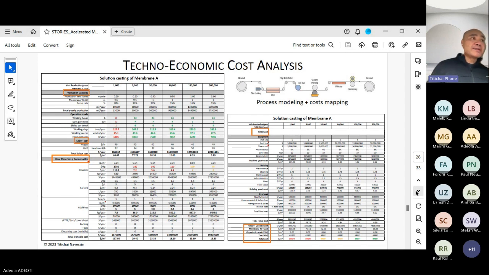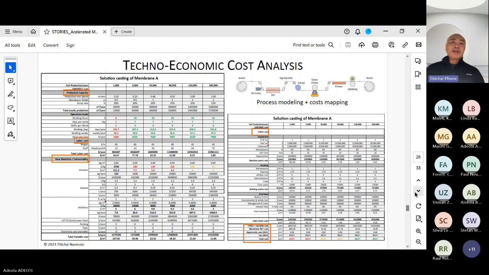So production capacity, some of the underlying assumptions about the rates, costs, like labor costs, raw material costs, some of the fixed costs that you need to incur, the equipment costs, and then the summation of all the fixed variable, including opportunity costs and some of the tax implications. That trickles down all the way to the total cost of membrane. Right. So this is just to give you the feel of what this techno-economic cost analysis looks like. Okay, in the next slide, please.